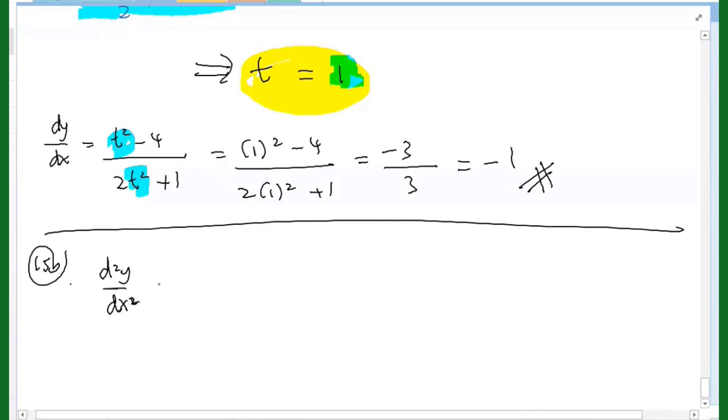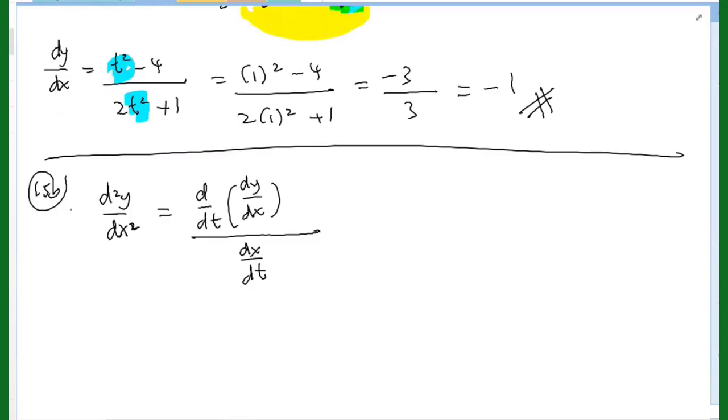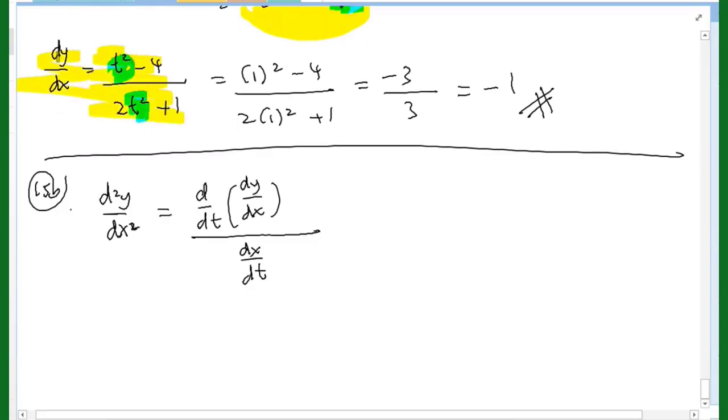Okay, so d2y/dx squared is d/dt of dy/dx over dx/dt. Okay, so here this one is dy/dx, right? We just take it from here.